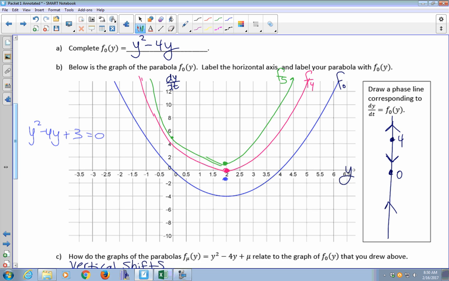You can use the quadratic formula. This one actually does factor. This is y minus 3 times y minus 1. So it's going to have zeros at 3 and 1. And the y-intercept of this one is going to be 3. There we go. And this is f sub 3.